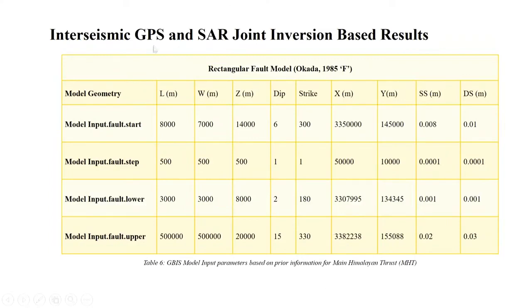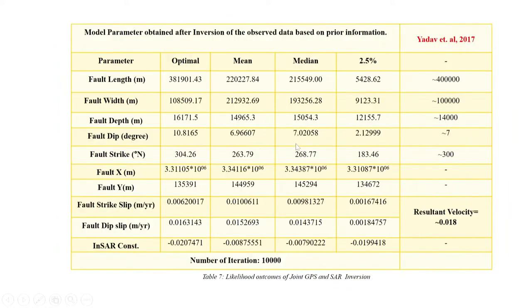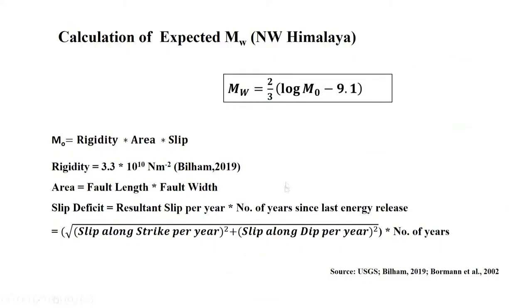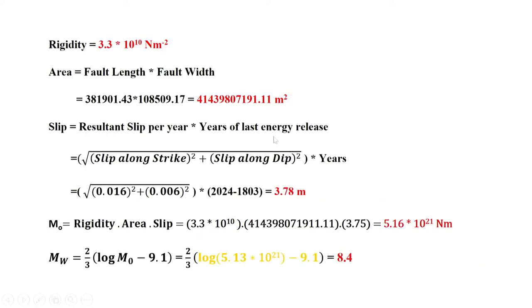For interseismic, we have taken GPS data and SAR data. After modeling, we are getting this seismic moment. This seismic moment is for the Uttarakhand region: 5.16 × 10^21 newton meter. This is the overdue seismic energy in this whole Uttarakhand region along the plate boundary.